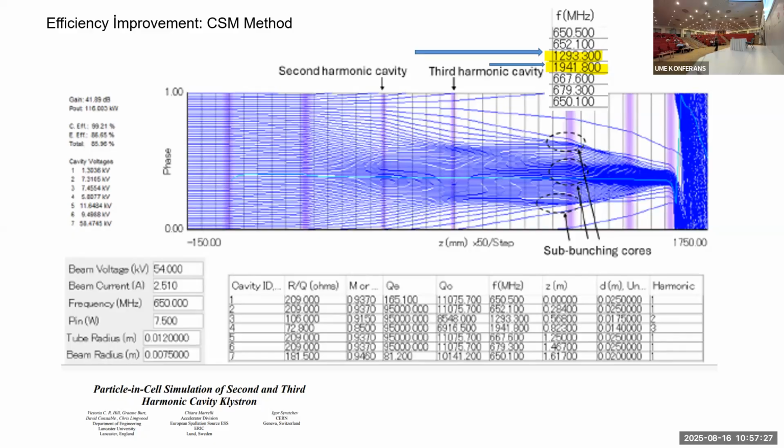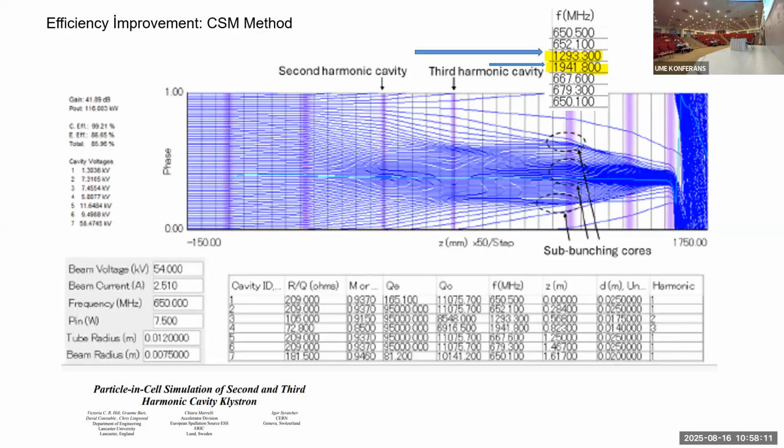So maybe all those cavity lengths, if you add these meters, 1.3, yeah, it's more than 4 meters actually. What's the input power? It's 7.5 watts for the input cavity. Beam voltage is about 54 kilovolts. It seems similar to what we designed before. Okay, we are going there.